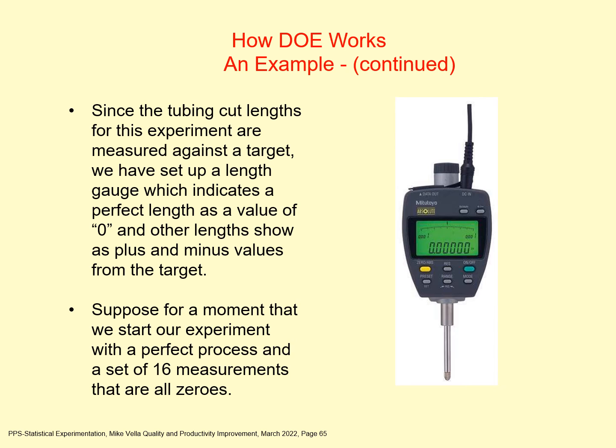So since the tubing cut lengths for this experiment are measured against a target, we've set up a length gauge which indicates the perfect length as a value of 0, and all other lengths show as a plus or minus from the target. And suppose for the moment we start our experiment with a perfect process, a set of 16 measurements that are all zeros.